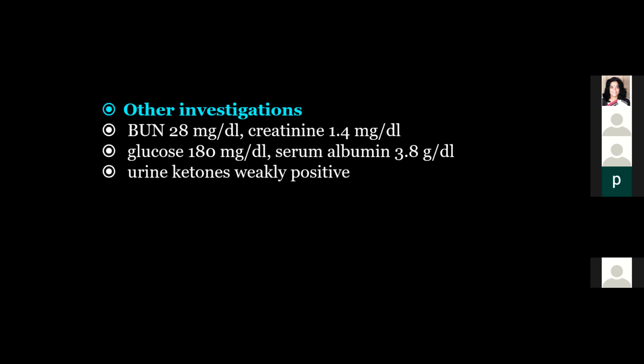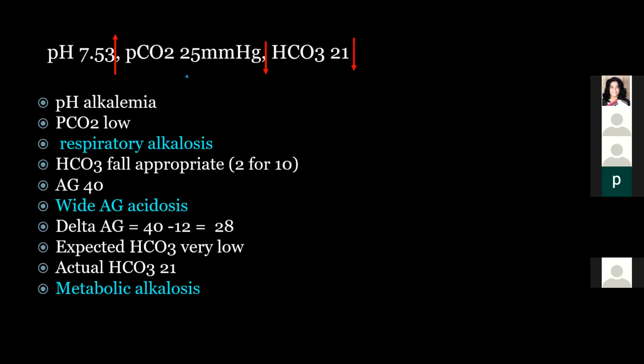That's why we went back to that thing that no matter what it looks like, you have an anion gap acidosis, but it is masked, the severity, because there are two alkalotic components. There's a metabolic alkalosis and a respiratory alkalosis, which are making your ABG report look very innocuous.